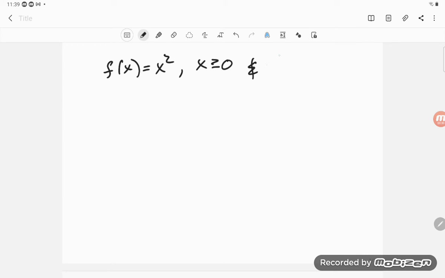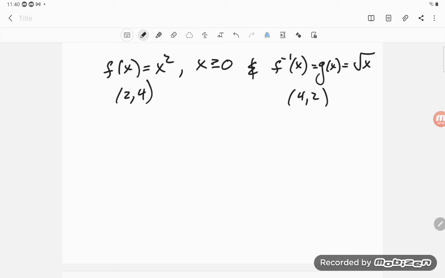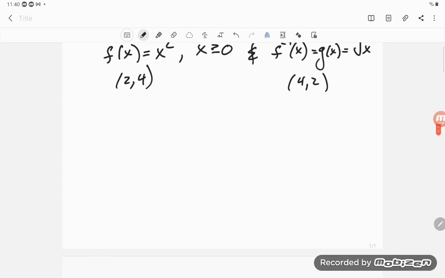And f inverse of x, now I'm going to toss in there g of x, is equal to the square root of x.